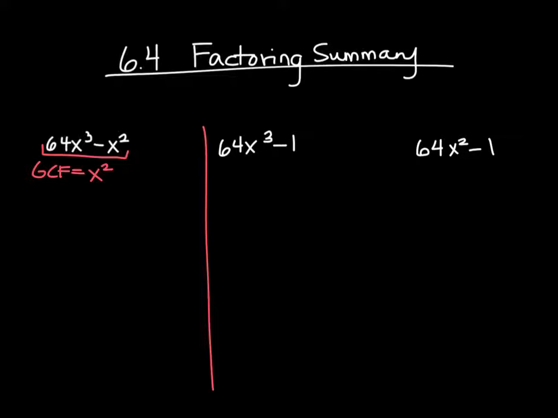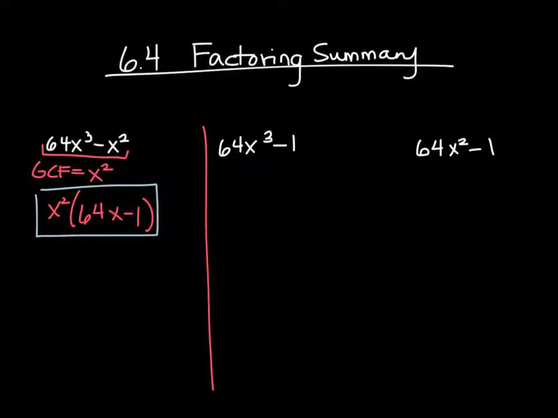Remember, to fix that, we're going to divide. So I'm going to get 64x squared at the front, and then I'm going to divide to figure out what's left. That's going to give me 64x minus 1. Because this is just a single x and there's no exponent with it, that tells me that I'm done. So what I have right here is my final answer.